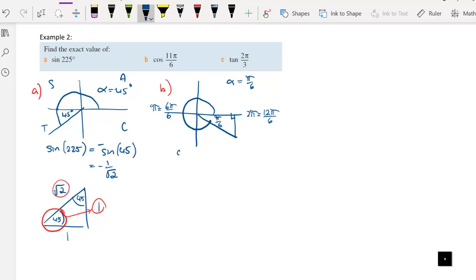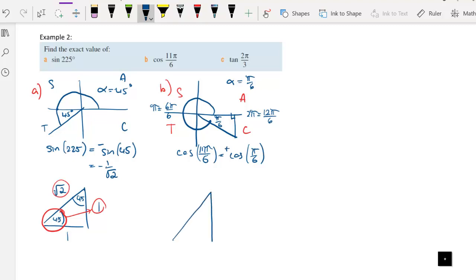And we can now write that cos 11 pi on 6 is the same as cos pi on 6. And if we throw in CAST, C-A-S-T, in this quadrant we know that cos is the only thing that's positive. So that means we actually are looking at positive cos pi on 6. Now, the last thing we need to do is work out what's the value of cos pi on 6.